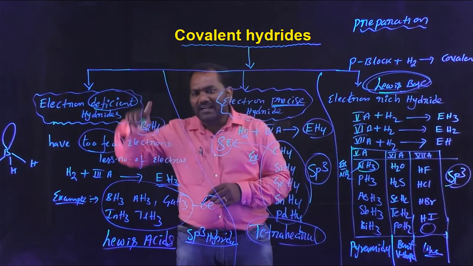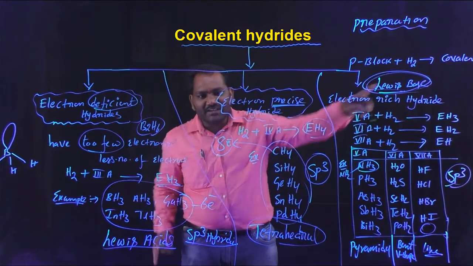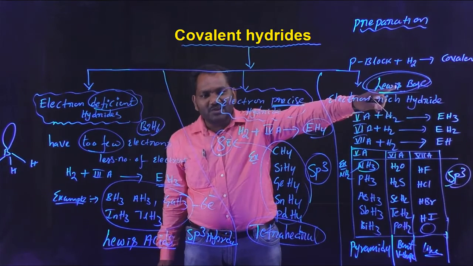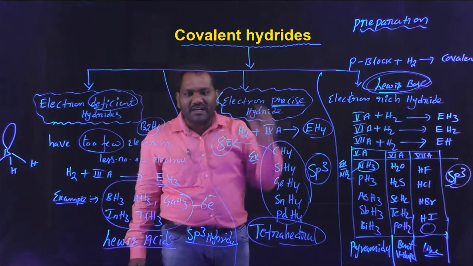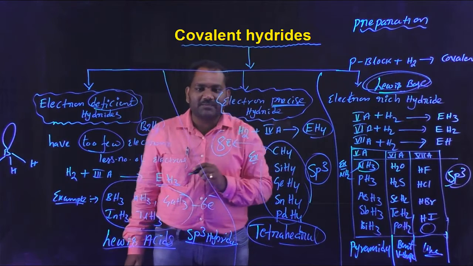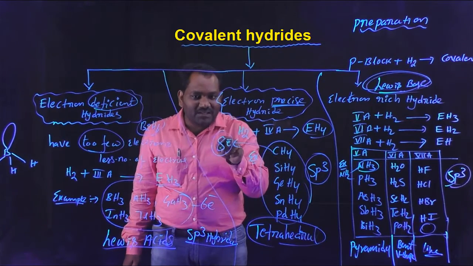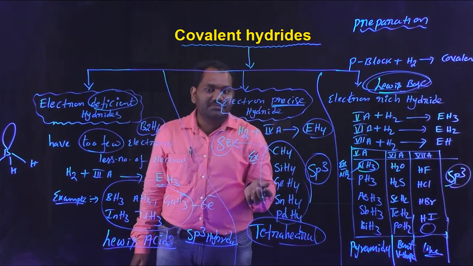Here electron deficient hydrides act as Lewis acids, electron rich hydrides act as Lewis bases, but electron precise or sufficient hydrides are neither Lewis acids nor Lewis bases. Why? Because these are not electron deficient, and these are not electron rich.